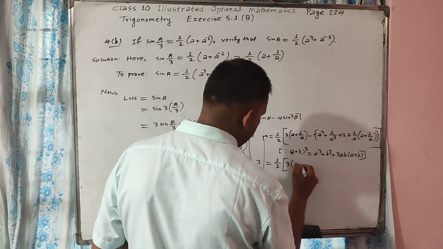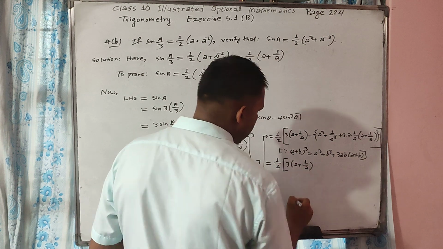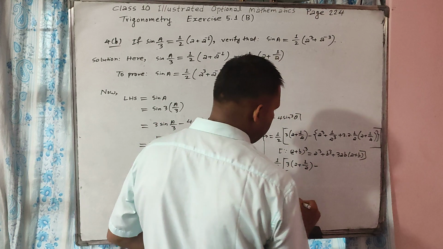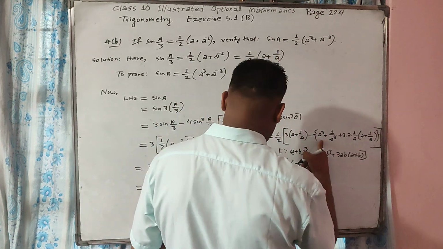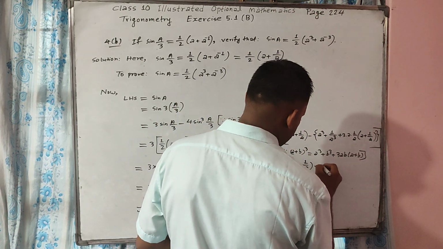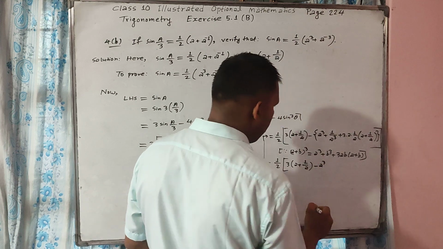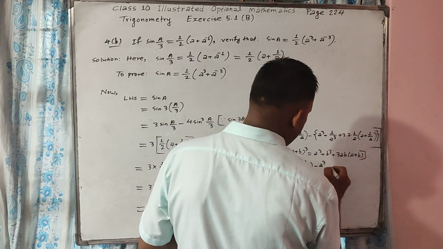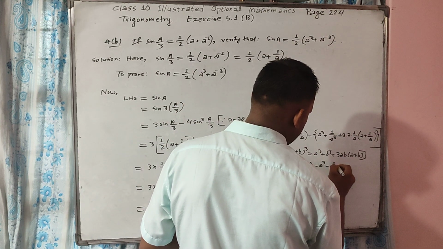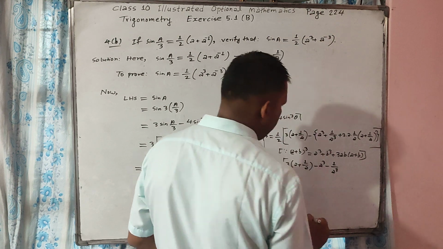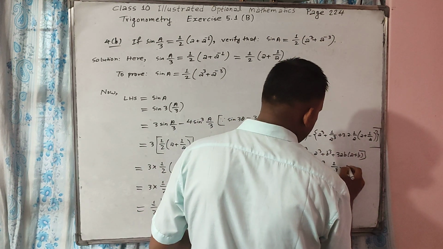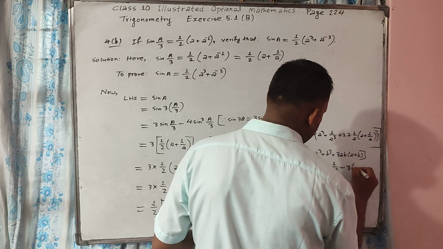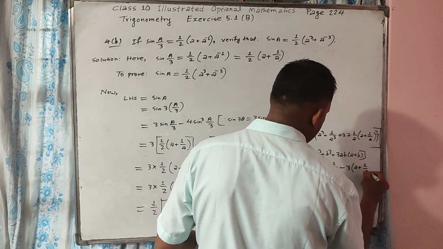3 times a plus 1 by a, minus a cube, minus 1 by a cube, plus minus a, cancel 3 times a plus 1 by a.